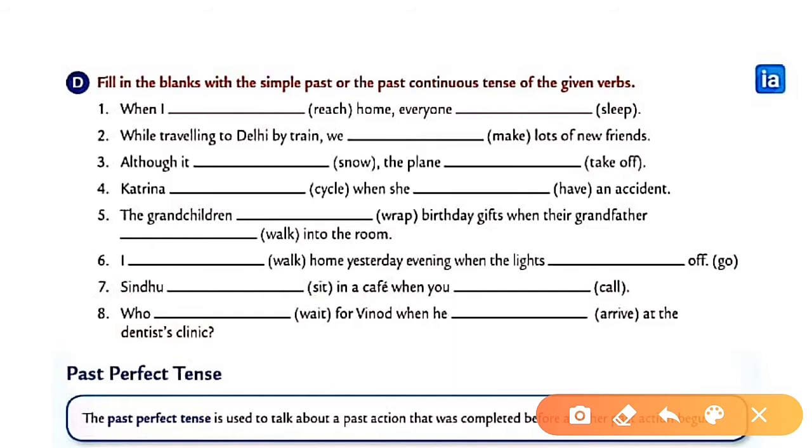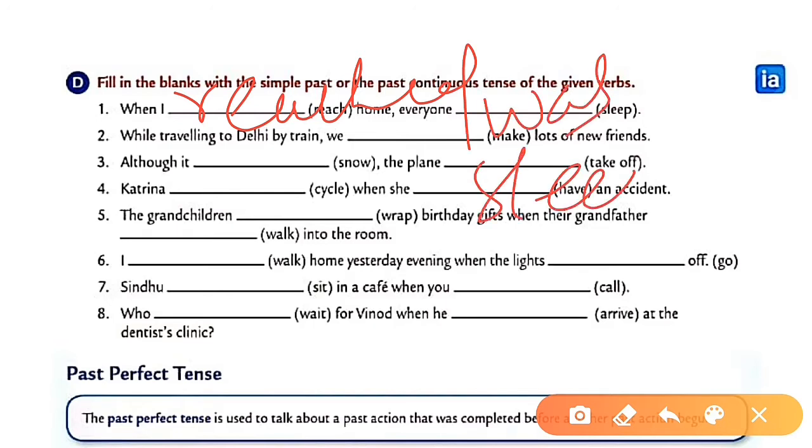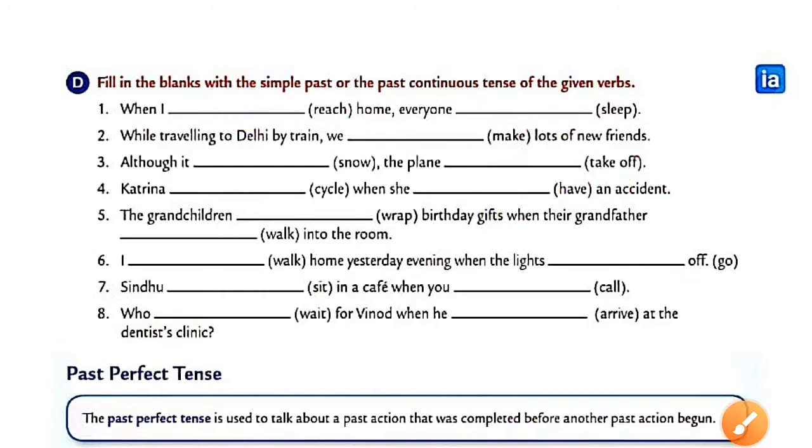So, when I reached home, everyone was sleeping. When I reached, simple past tense, everyone was sleeping. Move to next. While traveling to Delhi by train, we met lots of new friends.